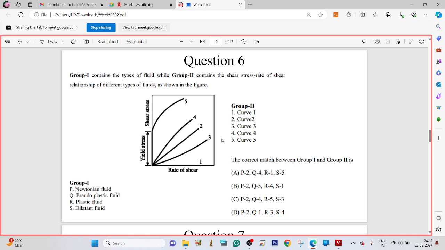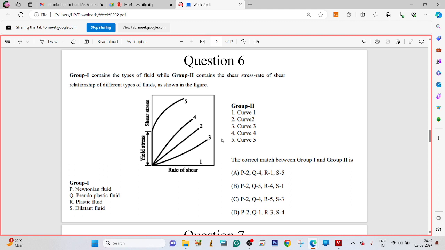This is ideal solid. This is ideal fluid. This is dilatant. This is Newtonian. This is pseudoplastic, and this is ideal Bingham plastic.